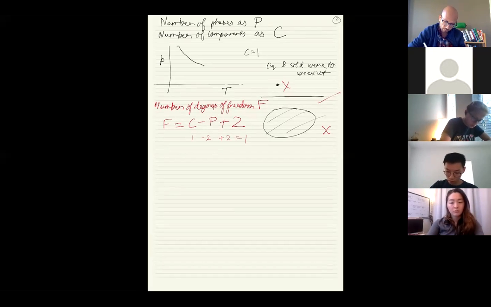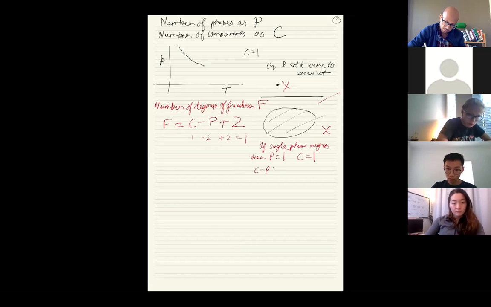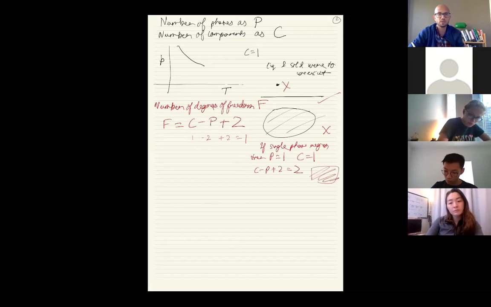For example, if you're talking about a single phase region, only liquid, then we have P equal to 1. Again, we are talking about water for now, C equal to 1. So C minus P plus 2 is equal to 2. And the single phase region will be some area. It won't be just a line. And if you're talking about the triple point of water where all three phases exist at the same point, the triple point has P equal to 3.